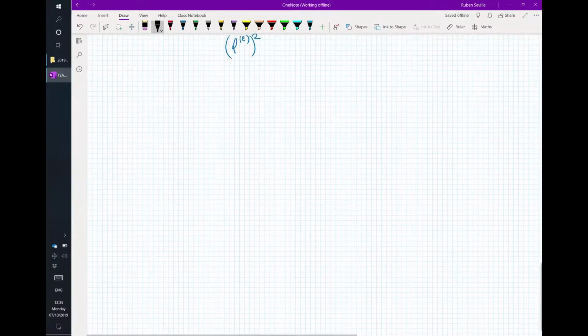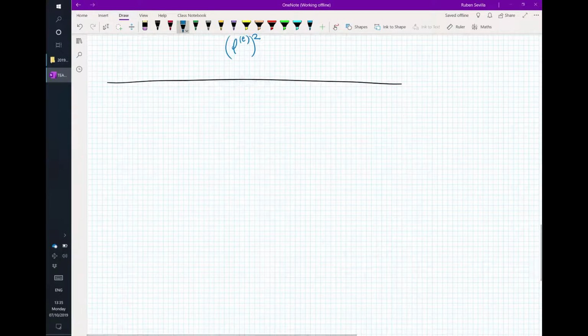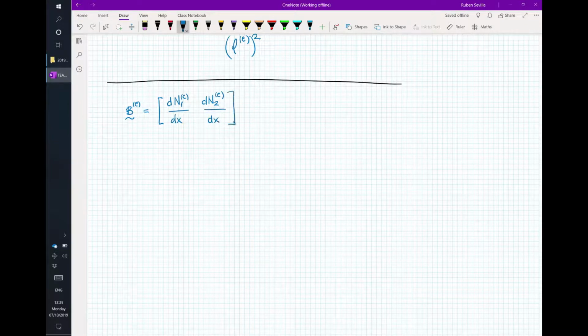Right, let's go here. This B matrix that appears in the slides, let's see what is the point of it. It says that it contains the derivative of the shape functions. So basically, you take the derivatives of the two shape functions and you put them in a vector. So what's the deal here?